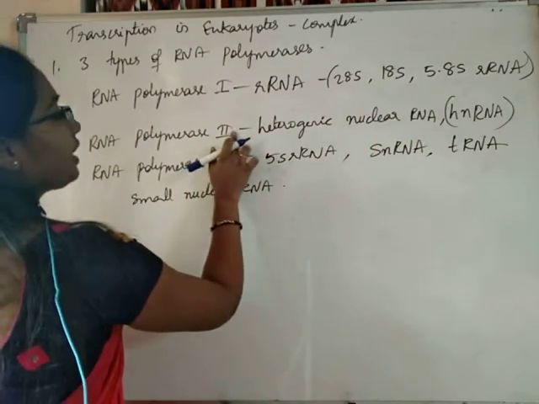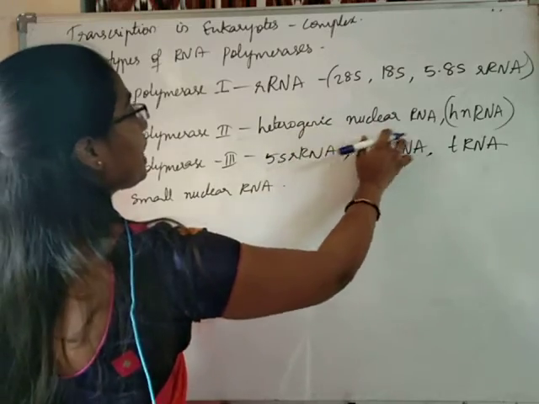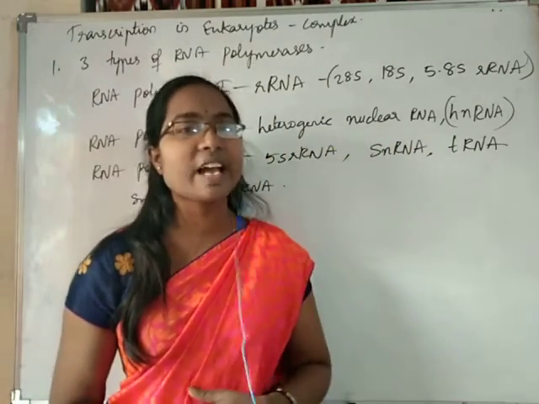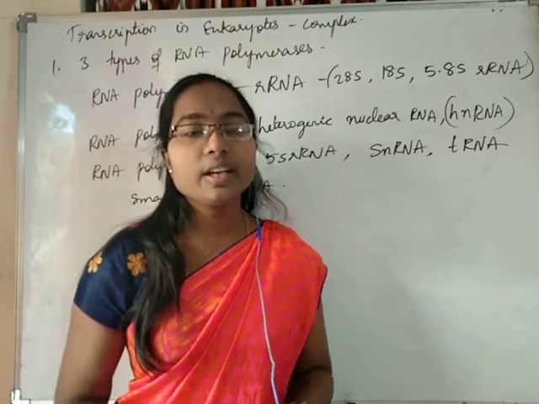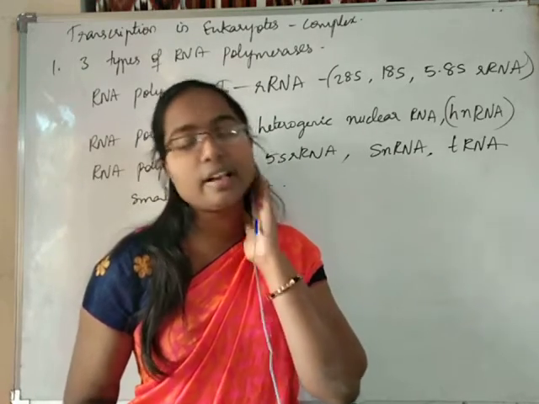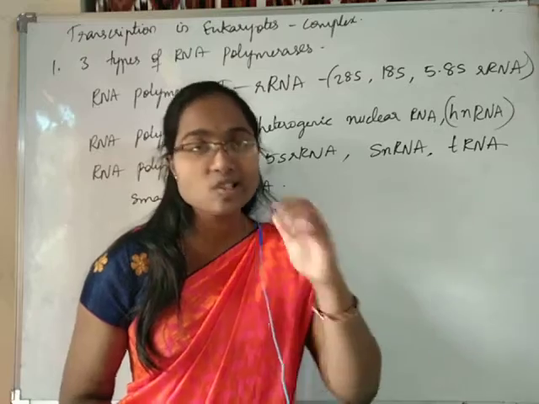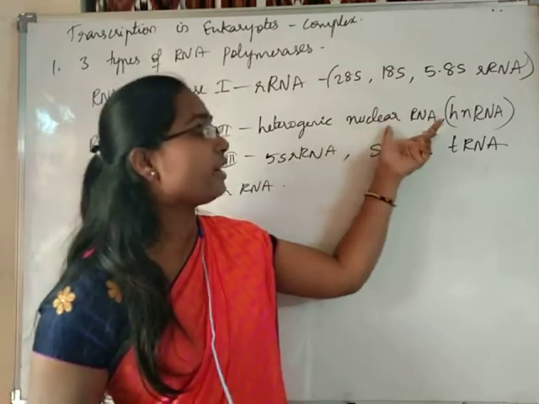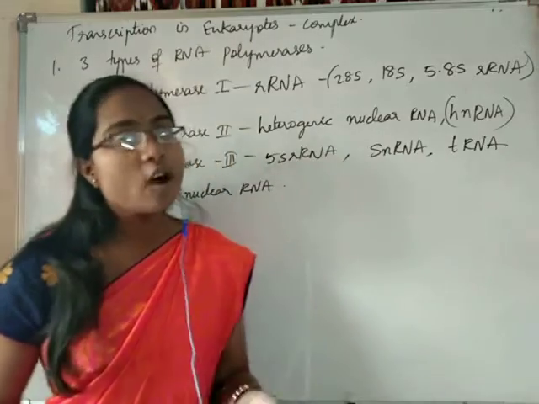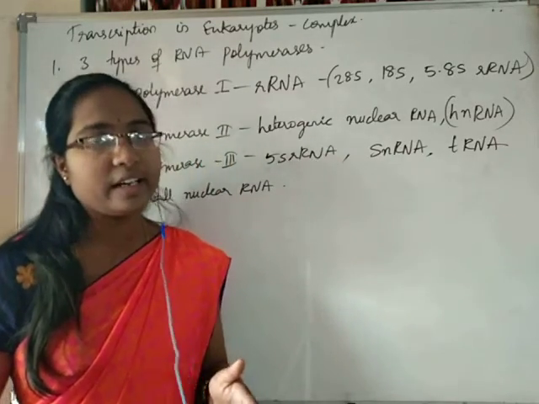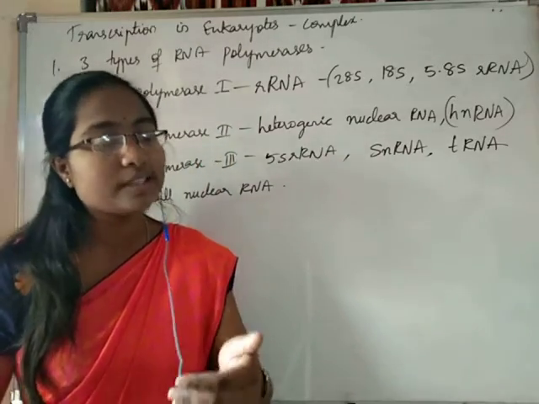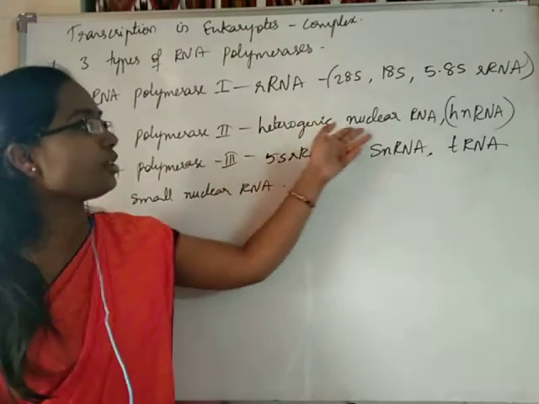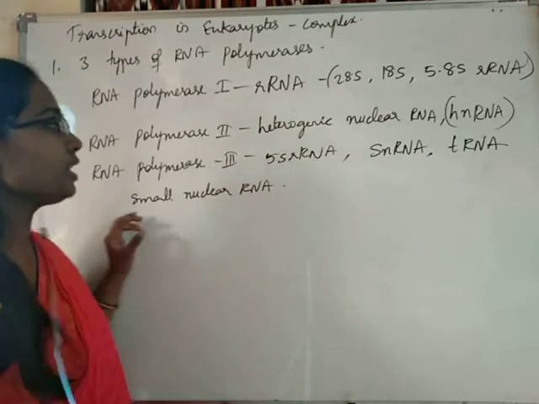RNA polymerase 2 catalyzes the formation of heterogenic nuclear RNA, simply called hnRNA. hnRNA is actually non-functional mRNA. It is not the completely formed mRNA. It is an immature mRNA that undergoes some processing and after that forms mRNA.